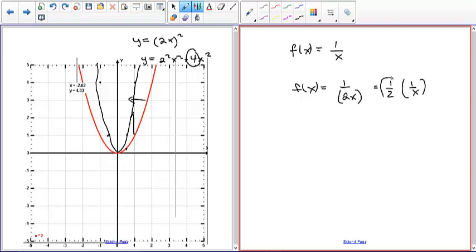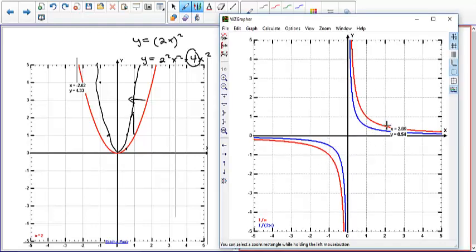So what we're actually doing here is the coefficient in front of the parent function is 1/2, so we're actually shrinking it in the y direction. Whereas here, the multiplied by the parent function is in the denominator. Here they're both in the numerator. So what happens with this reciprocal function is it shrinks in the x direction, but it also shrinks in the y direction.